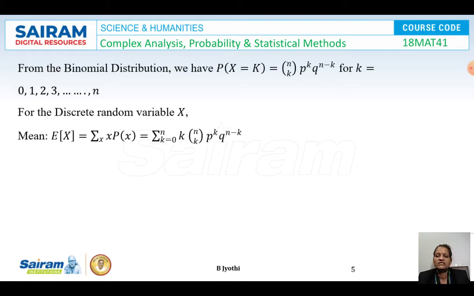From the binomial distribution, we have P of x is equal to k is nCk into p power k q power n minus k for k varying from 0 to n for the discrete random variable x. And mean is given by E of x, that is summation of x into P of x, is equal to summation k varying from 0 to n k into nCk p to the power of k into q to the power of n minus k.